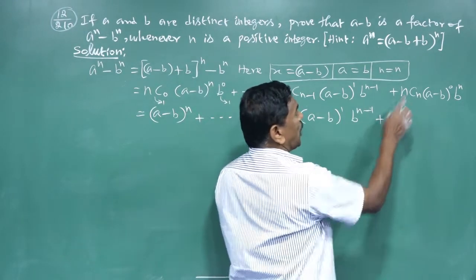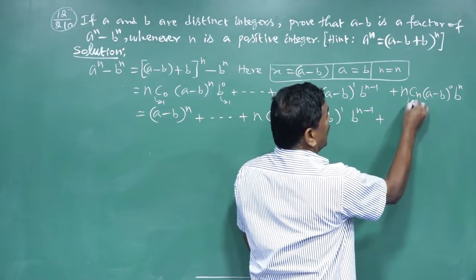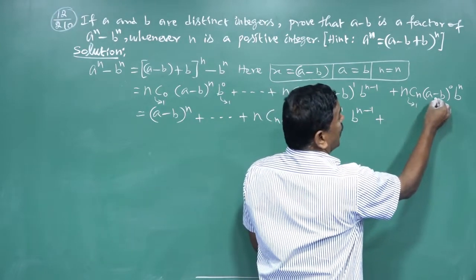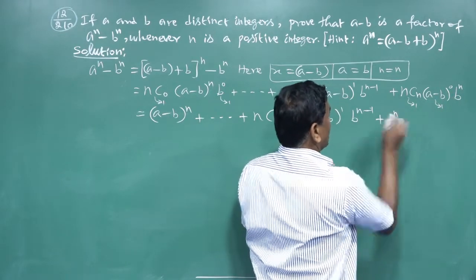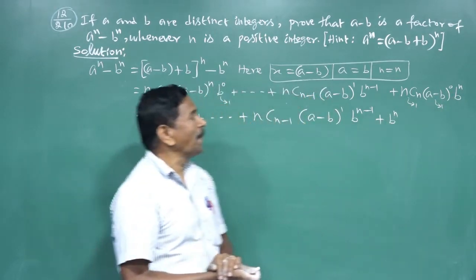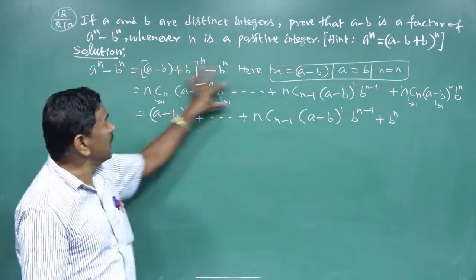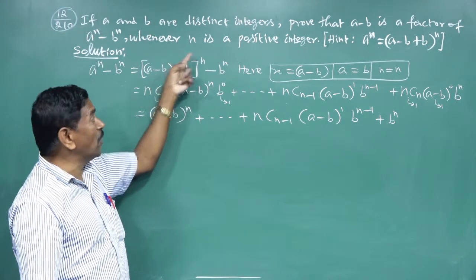Next part. Here, can you tell me what is nCn? Good. nCn tends to 1, and any number power 0 tends to 1. So 1 into b^n, so b^n. Now the second line: this expansion is for (a - b + b)^n.